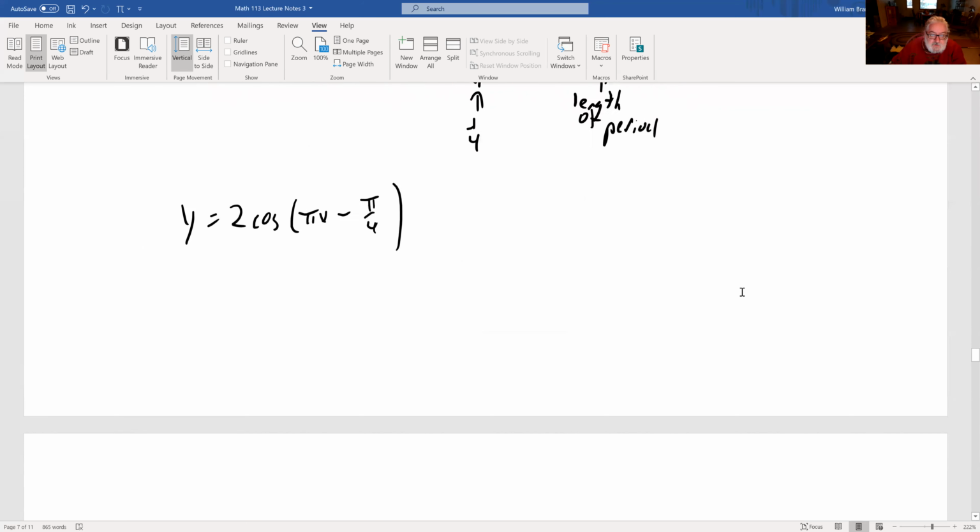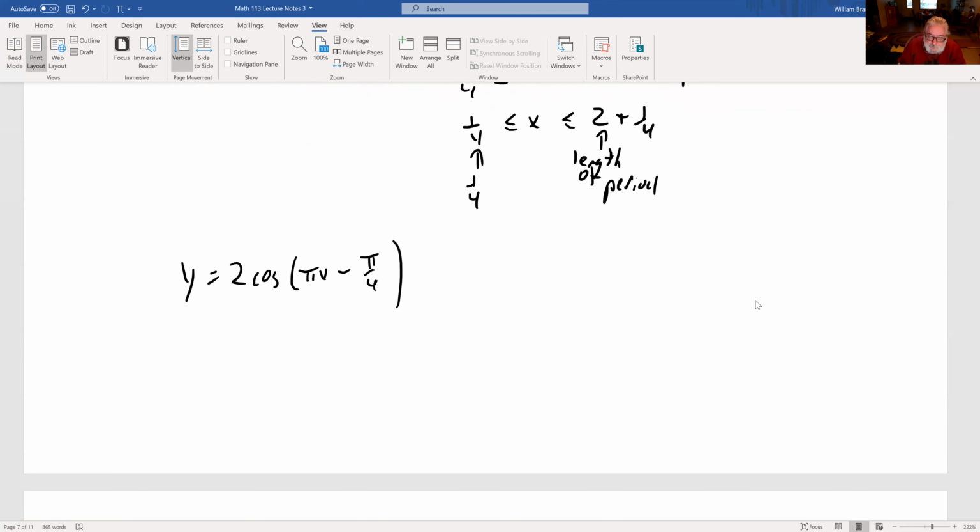So what's our graph going to look like? Well, here's my y-axis, here's my x-axis. We're starting at 1/4, that's here. And then we're going to go to 2 plus 1/4. And how do we sketch that? Cut this in half, cut this in half, cut this in half.